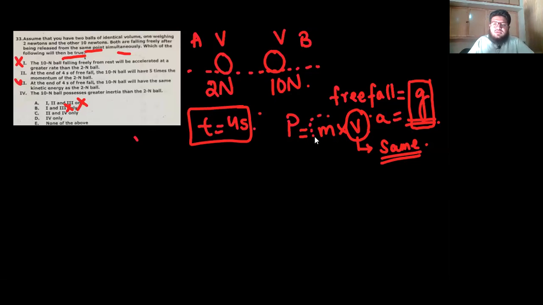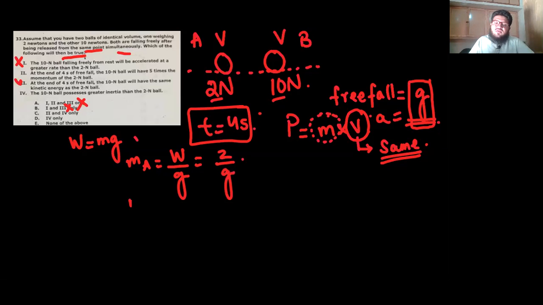Now what about the mass? The mass is going to be different because their weights are different. And how to calculate the mass for ball A and ball B? The mass of ball A, we can use the formula W equals mg. Mass of ball A is going to be W upon g, meaning the weight of A upon g, so 2 upon g. And the mass of ball B is going to be the weight of ball B, which is 10 upon g. Now if you look at them, their masses are different, right?